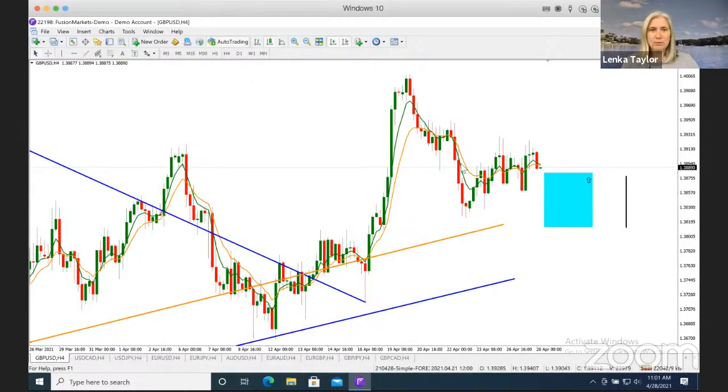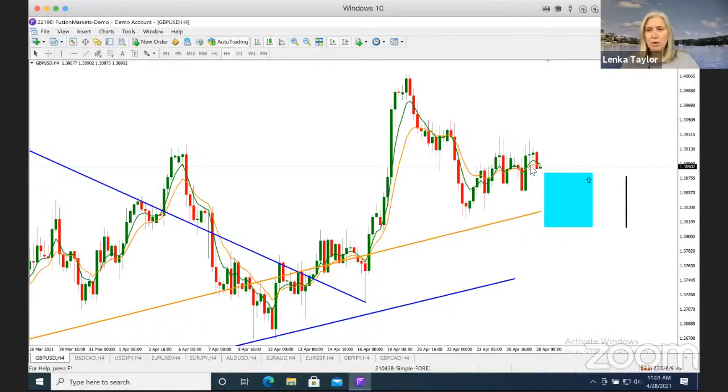So in terms of the H4 setup for entry, I'm looking for either a bit of a pullback to possibly the edge of the channel, or just going sideways, and then looking for price action to take a long position on this one.